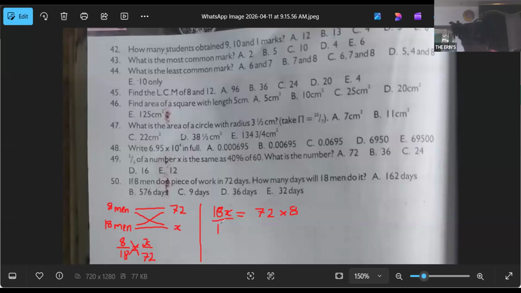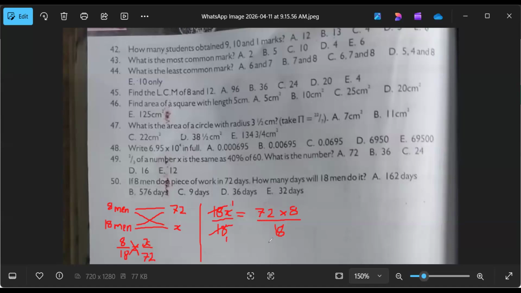Divide both sides by 18. 18 in 72 is 4. 4 times 8, 32. So let me ask a question. You seem to be very, very sure that 18 in 72 is 4. Yes, sir. Okay, it's fine. I'm not against it though.